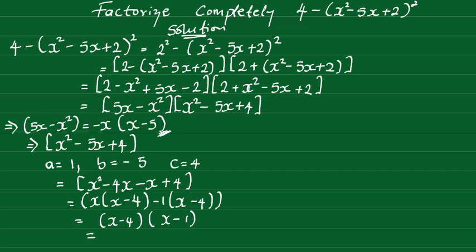We end up having minus x (x minus 5)(x minus 4)(x minus 1) as our final answer to this factorization. Thank you.